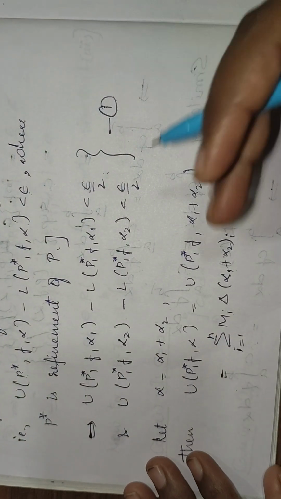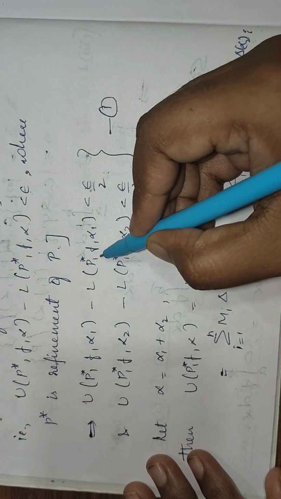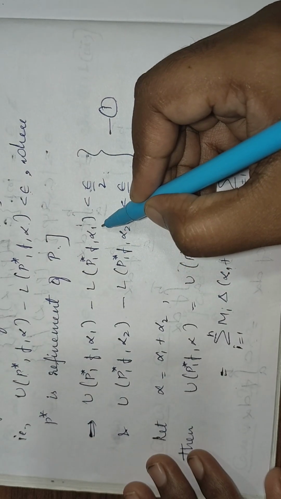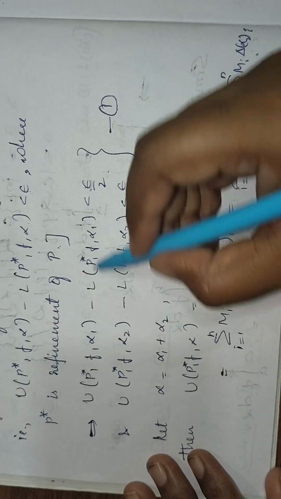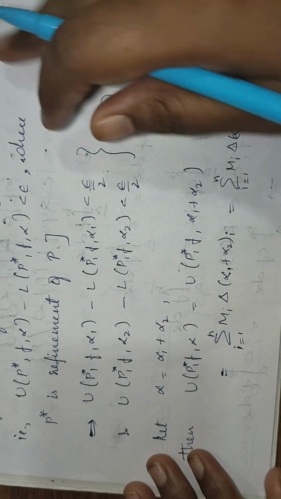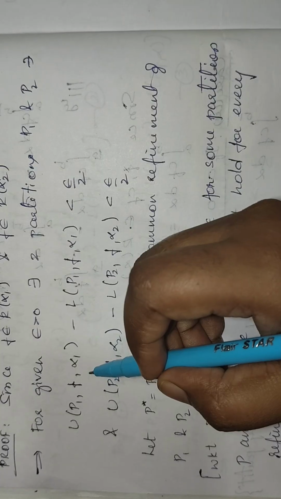Okay. And now U(P star, f, alpha 1) minus L(P star, f, alpha 1) is less than epsilon by 2. So we have used this in this way.